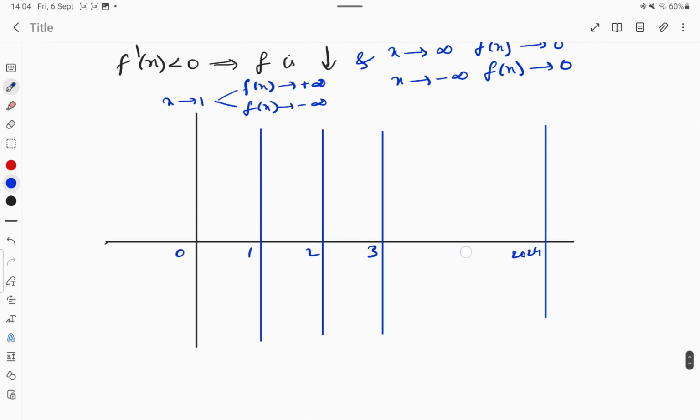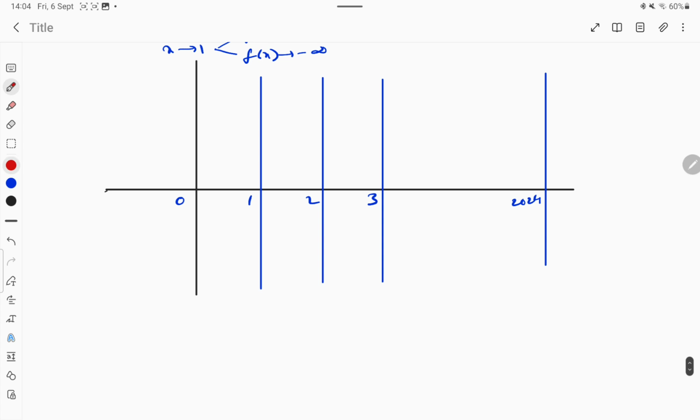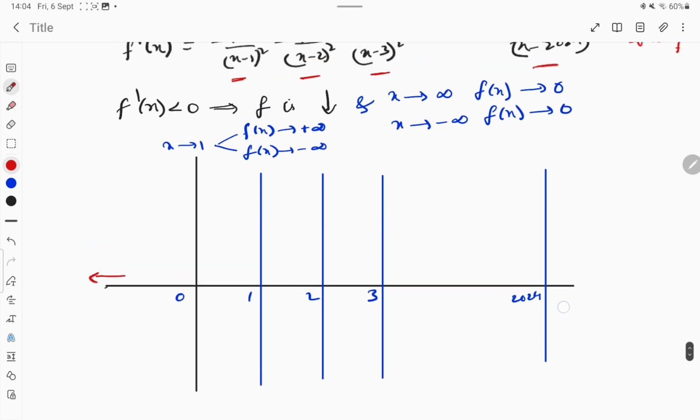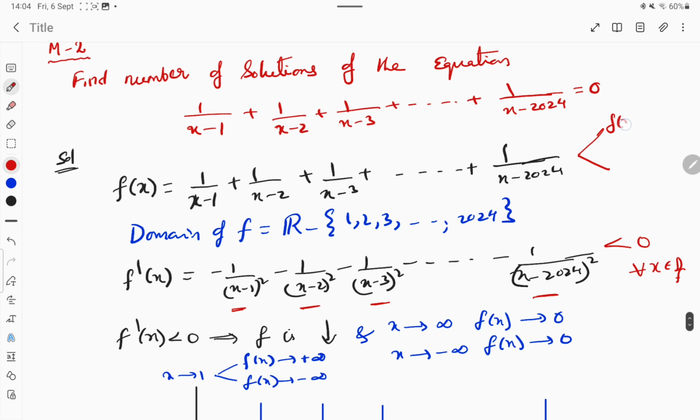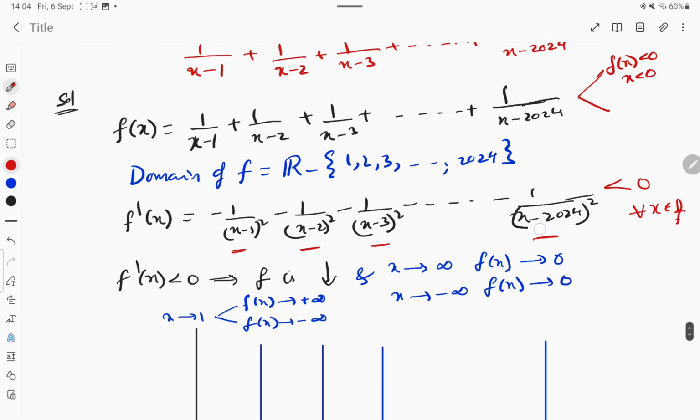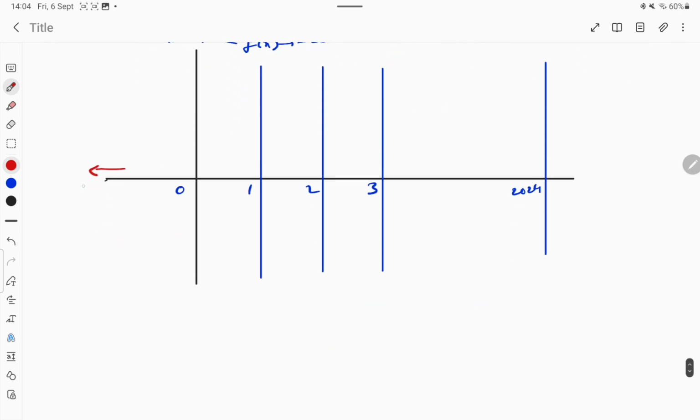Now let us look at the graph of this function. As the function is decreasing, as x tends to minus infinity the graph is approaching 0, and the value of f of x will be negative for negative x. So the graph is approaching 0 from below on the left, and at 1 it is going to minus infinity in the left neighborhood.